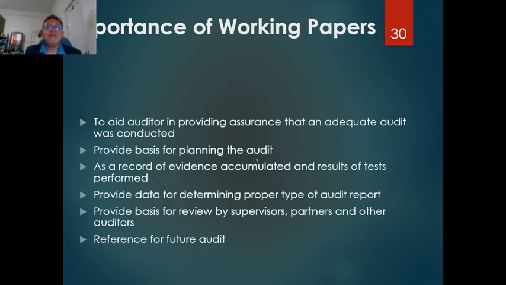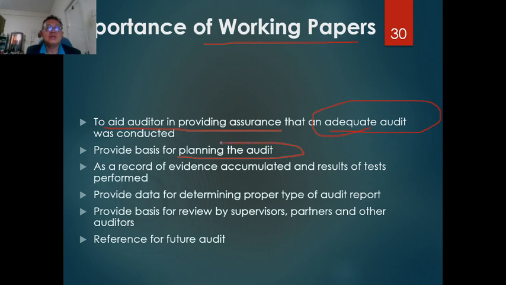Why is it important to have working papers? It helps to aid the auditor in providing assurance that they have conducted an adequate audit procedure. Next, it provides a basis for planning of the audit.